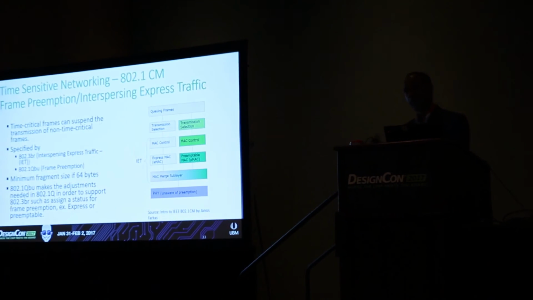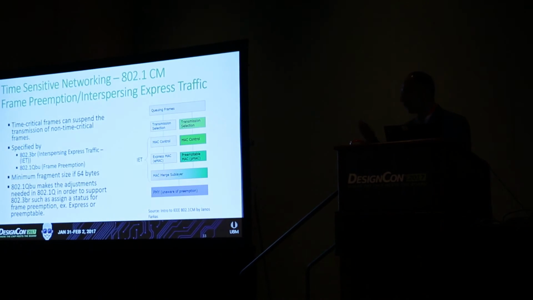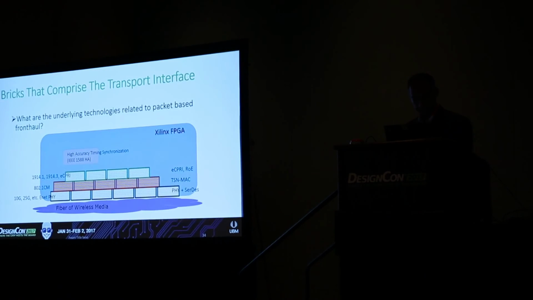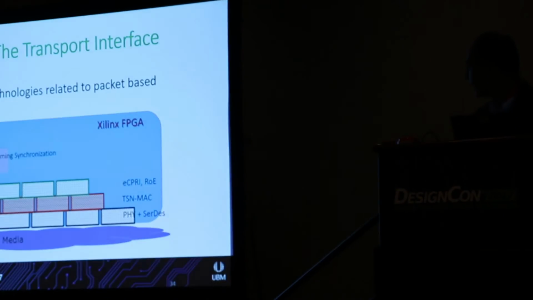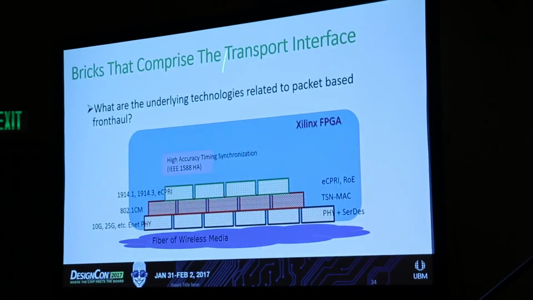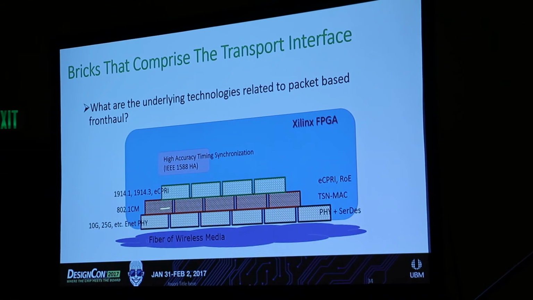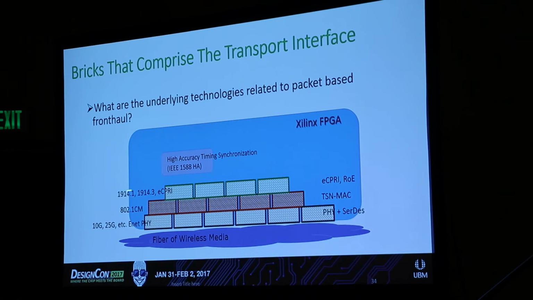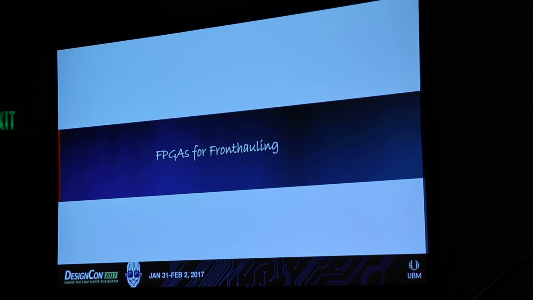We are at draft 0.5, just to give you an idea of how early it is. Okay. So these are all the bricks that make up the front haul network. You have 802.1CM, and then you have eCPRI, or the encapsulation layers on top of it, and so much for front hauling.